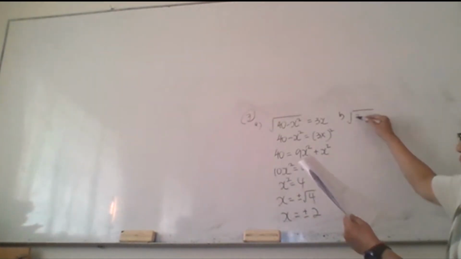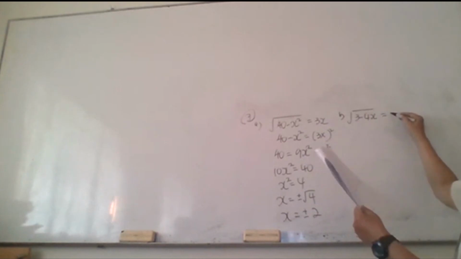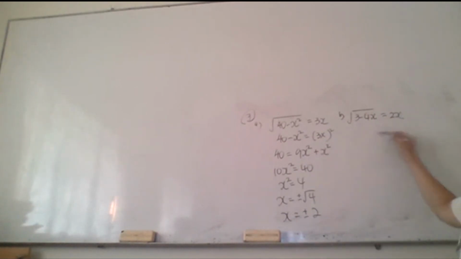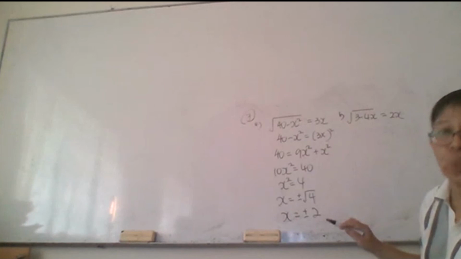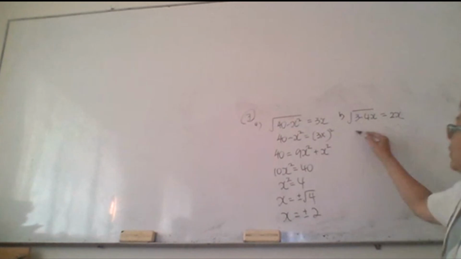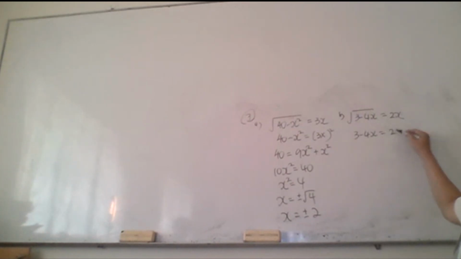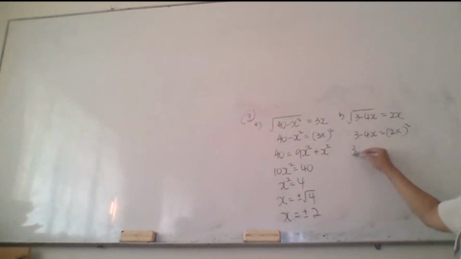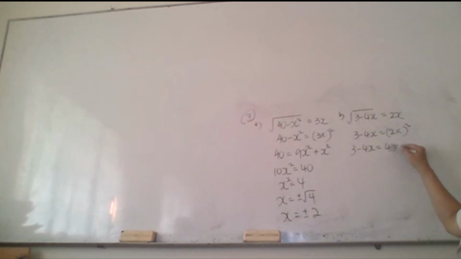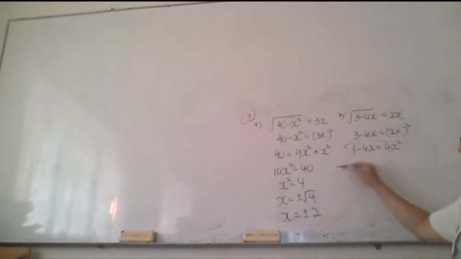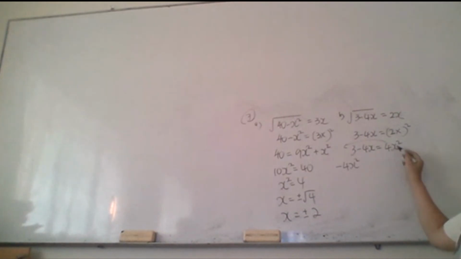So what about the other one, b? Square root of 3 minus 4x equals 2x. We can just square both sides. So 3 minus 4x will be 2x in brackets squared. 3 minus 4x will be 4x squared. And then maybe you shift the terms from left to right, it is up to you.